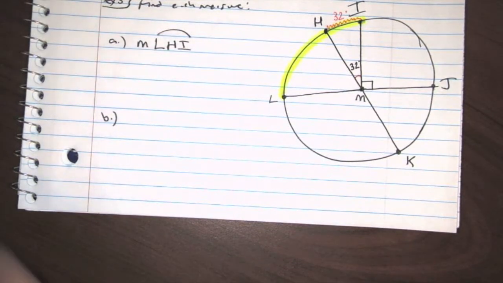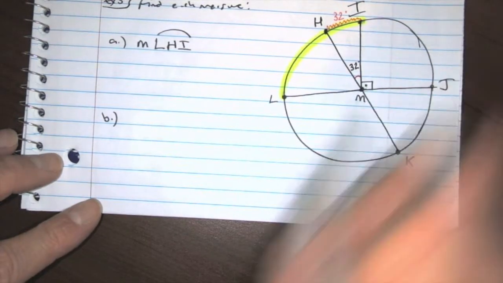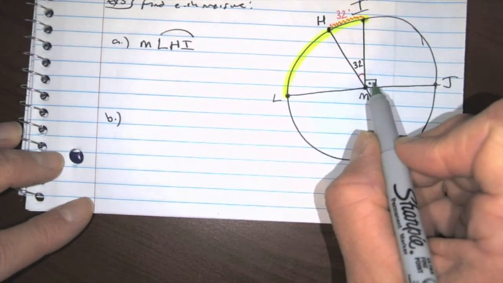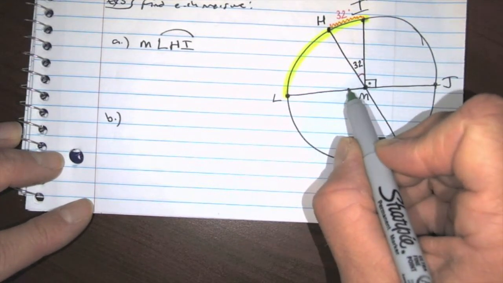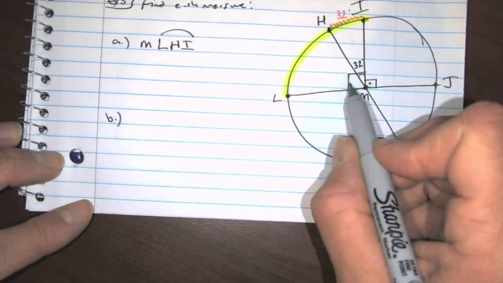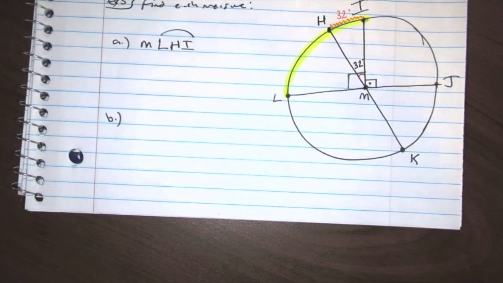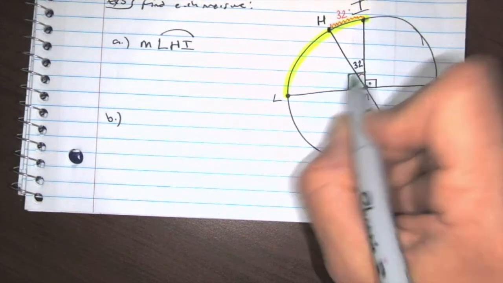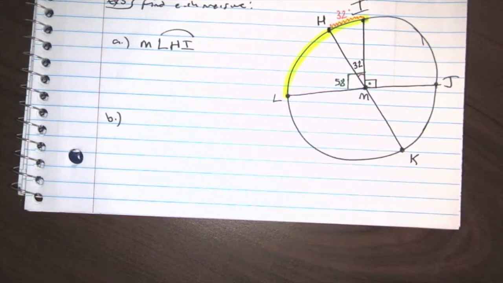Well, here's something that is kind of important. This is a right angle, and because that is a straight line right there, that makes a linear pair between this angle and this angle. This angle right next to it has to be a right angle, folks, because two right angles have to add up to a straight line, 180 degrees. So if this is a right angle, you could subtract 32 from that, get 58 degrees.